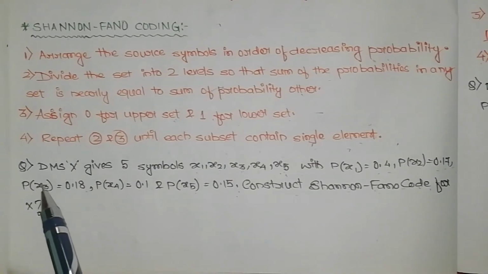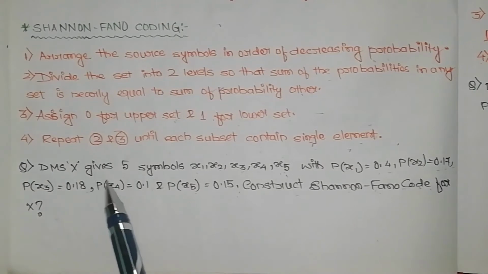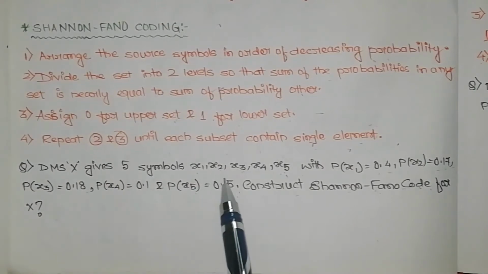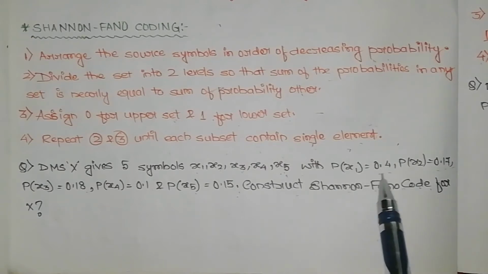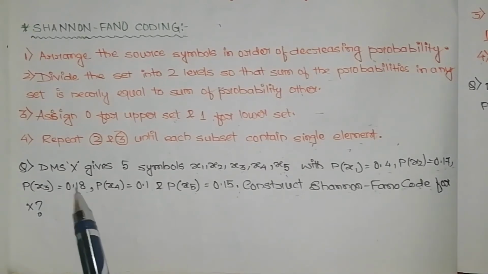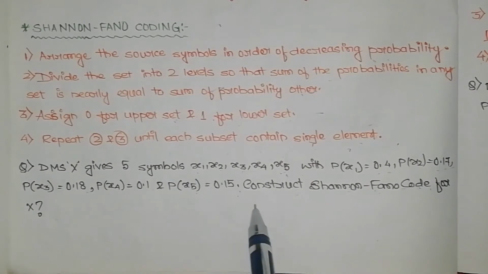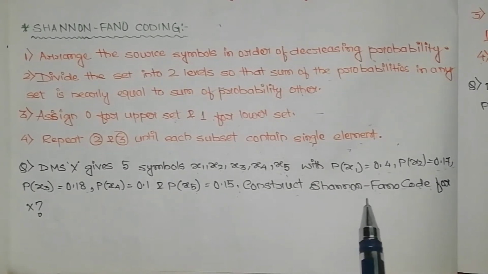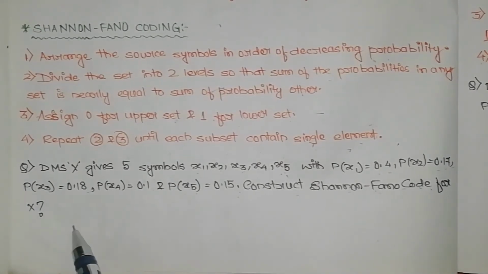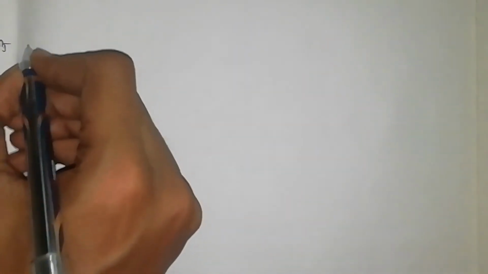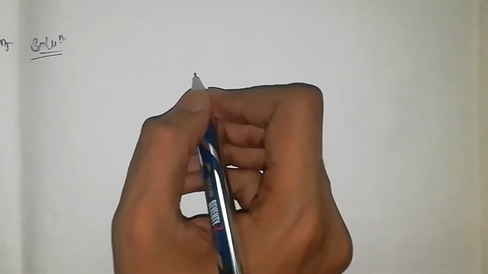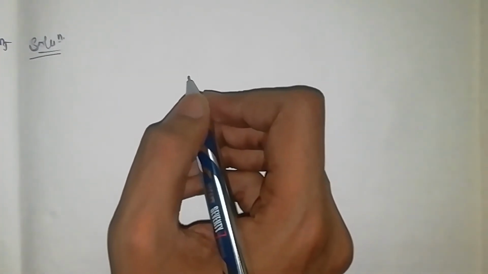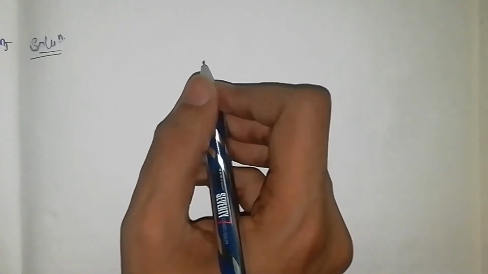So the question says a DMS X gives 5 symbols x1, x2, x3, x4, x5 with probabilities 0.4, 0.17, 0.18, 0.1 and 0.15. We need to construct the Shannon code for the DMS X. So proceeding to the solution, the first step is we need to rearrange the values in the descending order of the probability values.